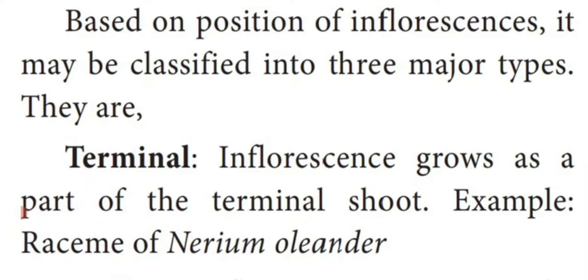Or in the bark of a tree. So these are all the different positions of a flower in a plant from which it is arising. So based upon the position, inflorescence is divided into three types.